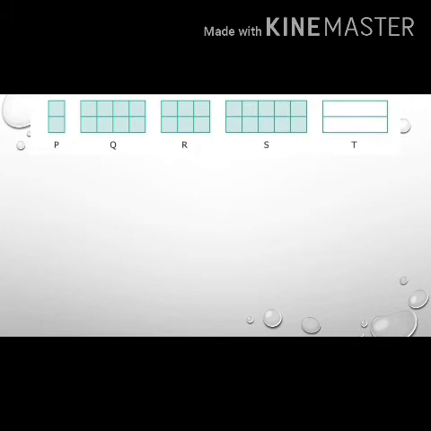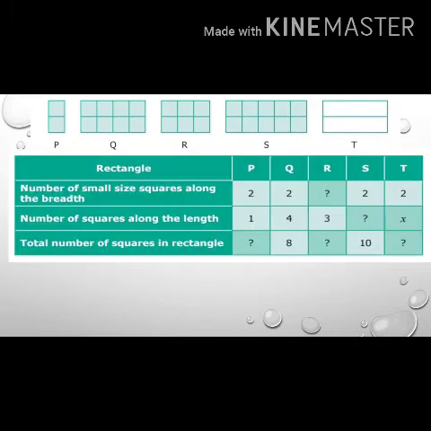And the next question is fill in the boxes. You have to fill the unknown values. First, number of small size squares along the breadth, number of squares along the length, total number of squares in the rectangle. See, in P, how many squares are there in breadth? 1, 2. So, 2 is already given.